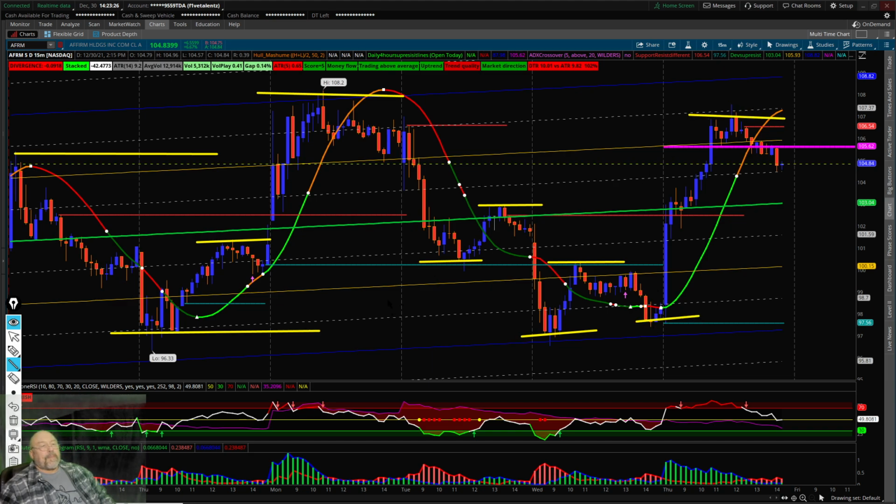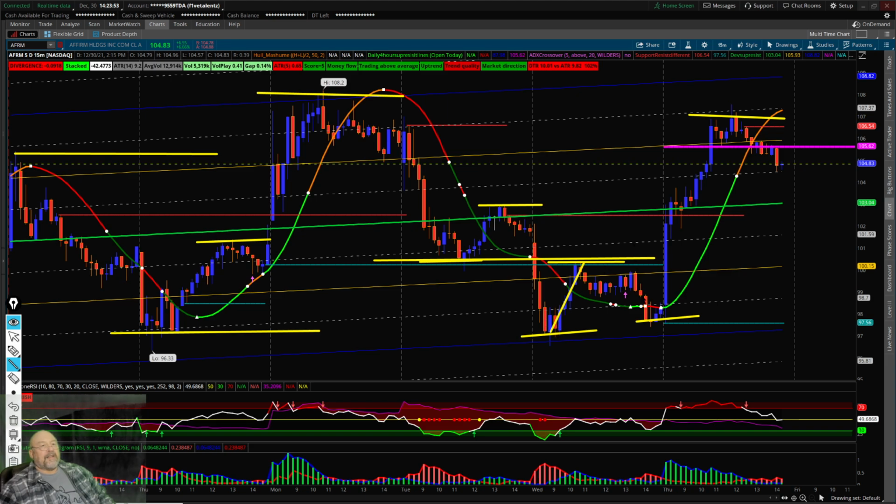So just remember when you bounce off of support, then you hit resistance and you break that previous support, what happens? That support then becomes resistance. I call it the ceiling, or the floor becomes the ceiling.